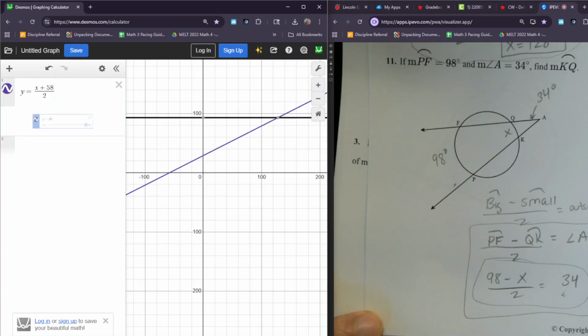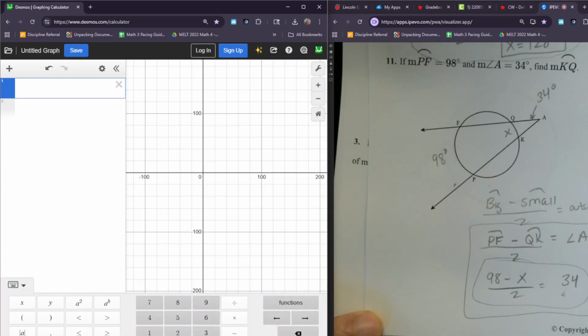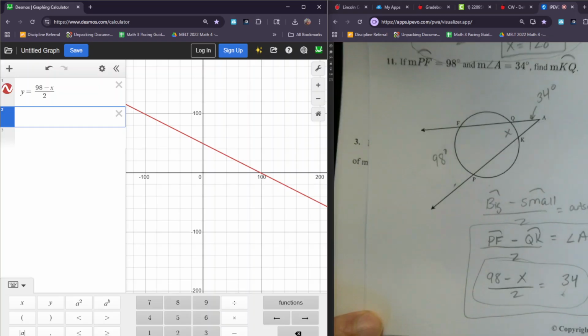So y equals the division bar, 98 minus x, divided by 2. Y equals 34.